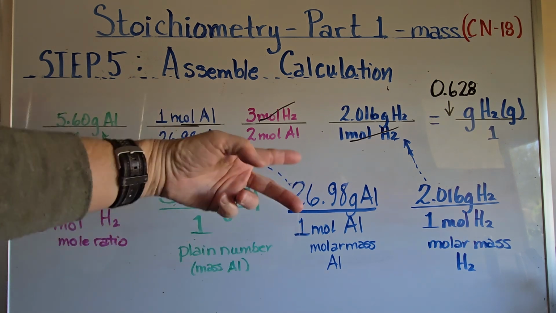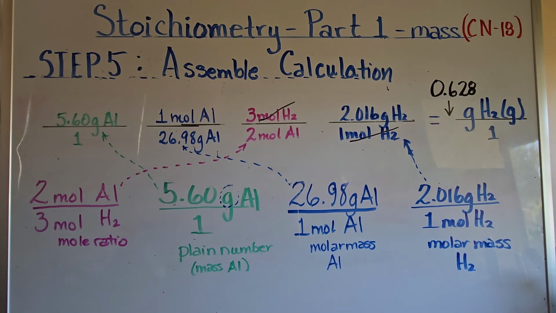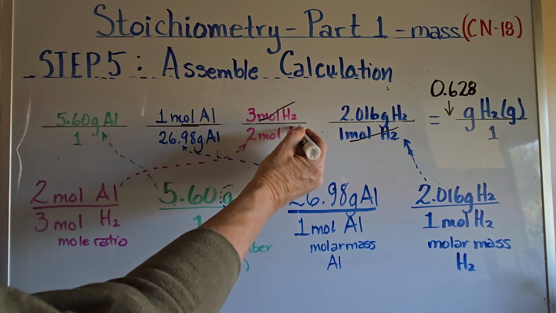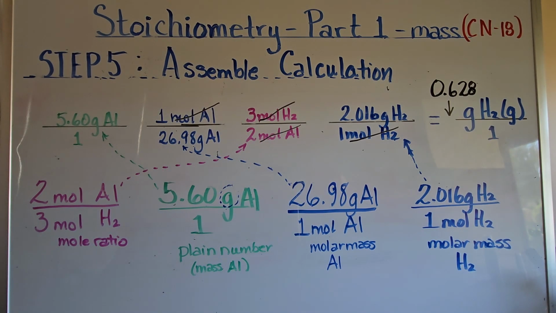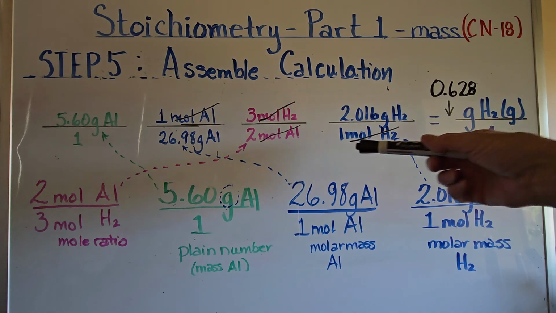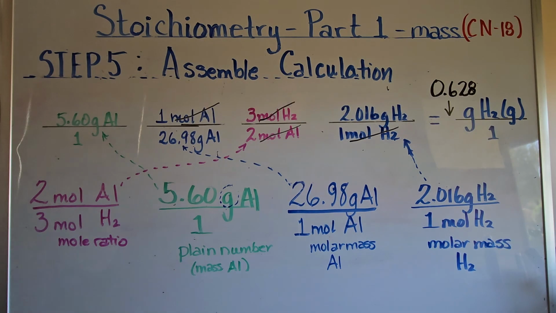So again, I'm going to flip my molar mass, and I'm going to go ahead and cancel this. But again, it comes along with a partner, this 26.98 grams of aluminum. Again, I don't want grams of aluminum in the denominator because it's not over here. So how can I get rid of my grams of aluminum?